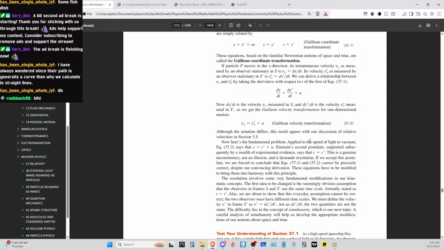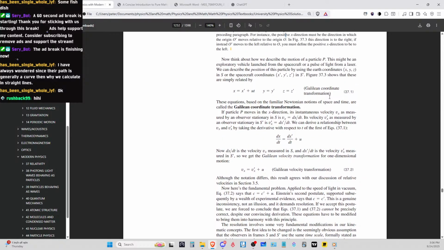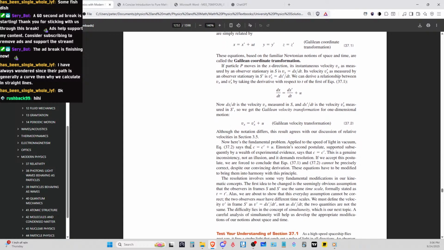Now here's the fundamental problem. Applying the speed of light in a vacuum in the equation, Einstein's postulate, supported subsequently by a wealth of experimental evidence, says that c is equal to c prime. This is a genuine inconsistency, not an illusion, and it demands resolution.